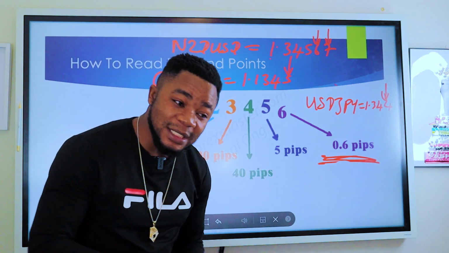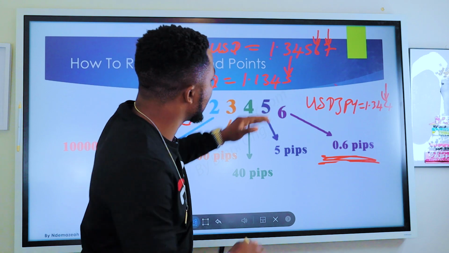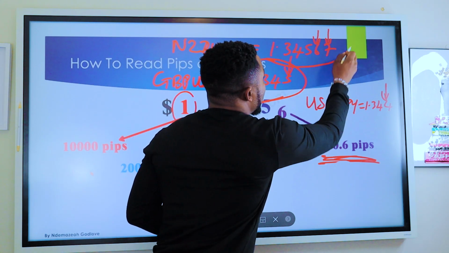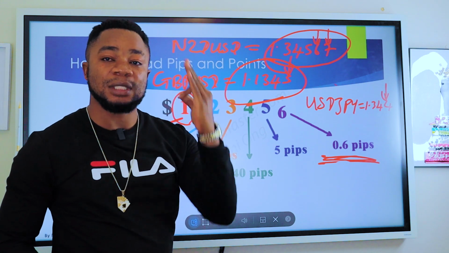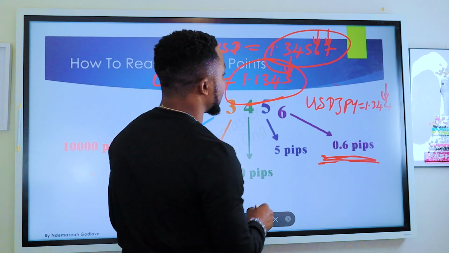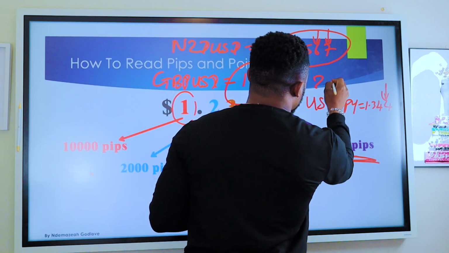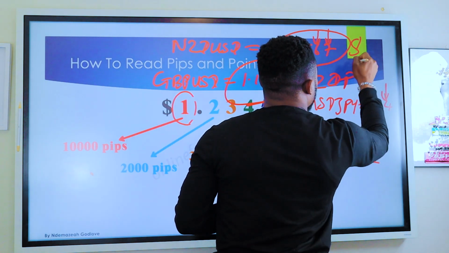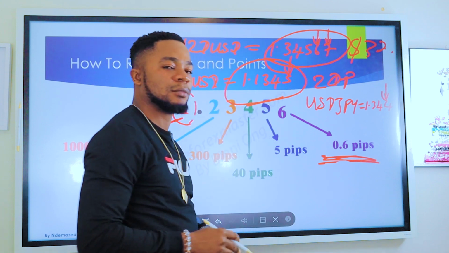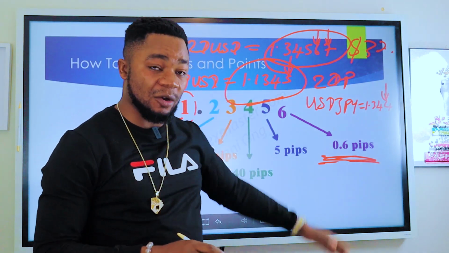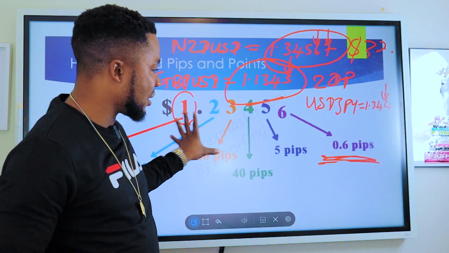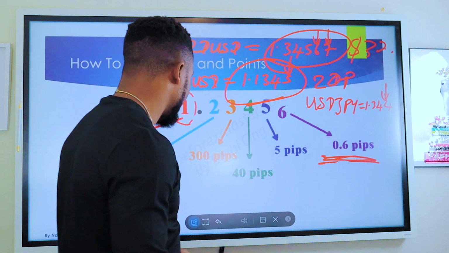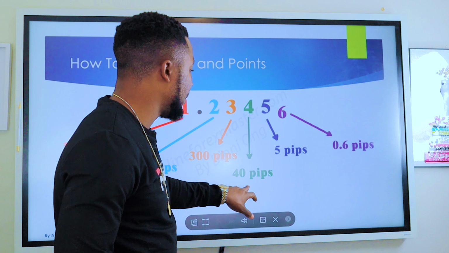When you open any currency pair, it will follow either the system of 4 decimal places or 2 decimal places, or the system of 5 decimal places or 3 decimal places. They'll have one of those structures, and anytime you see that, that's how you read the number of pips or points from that particular currency rate.